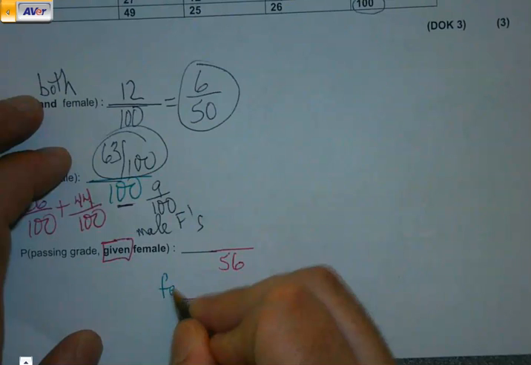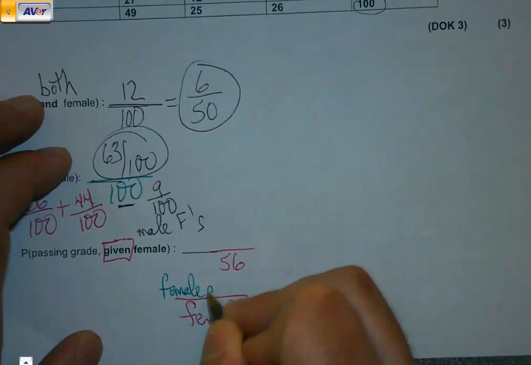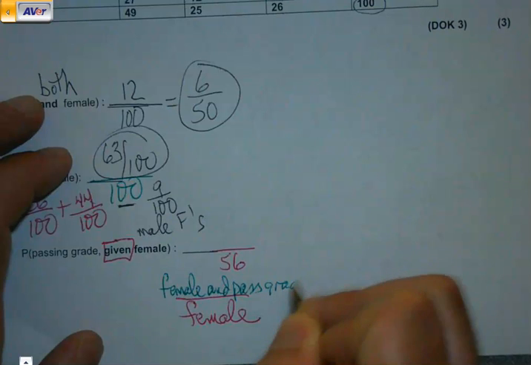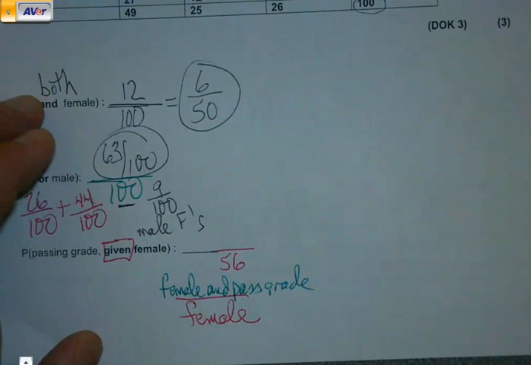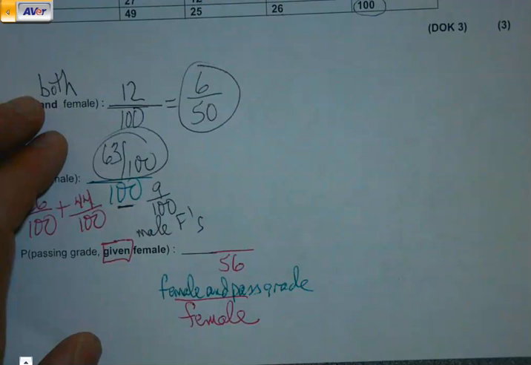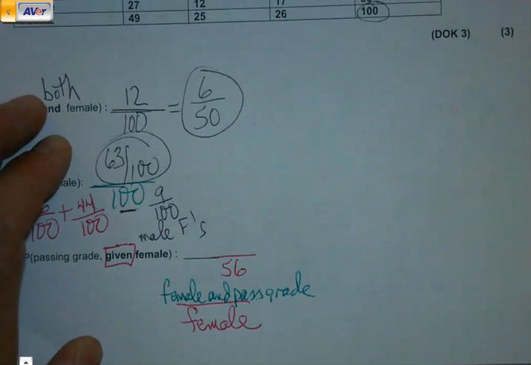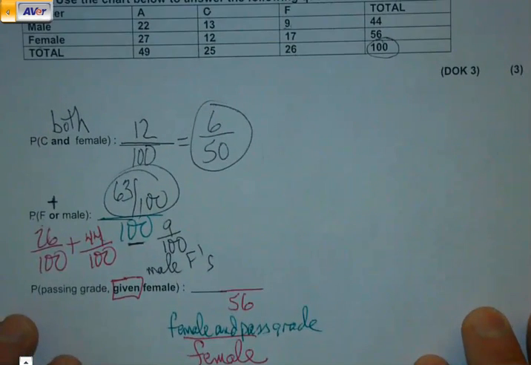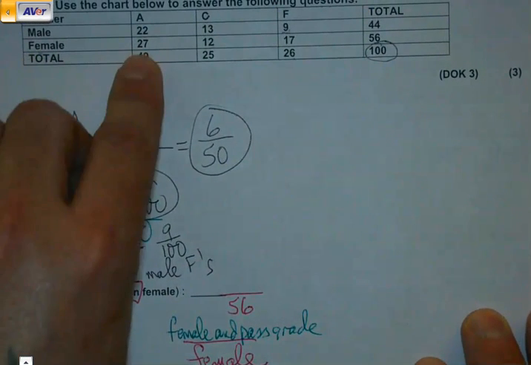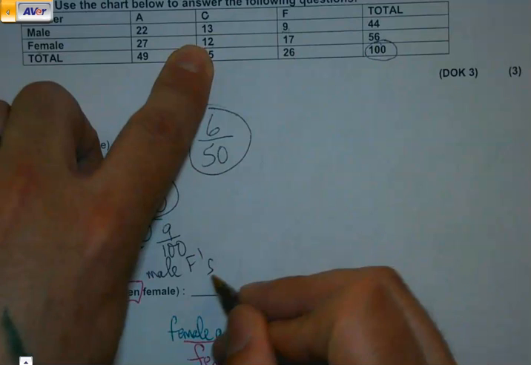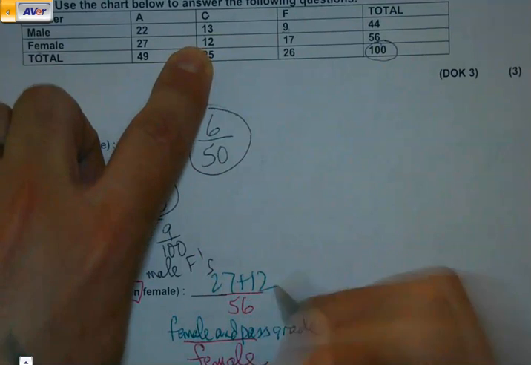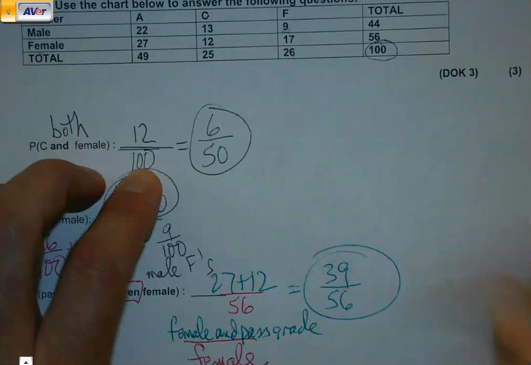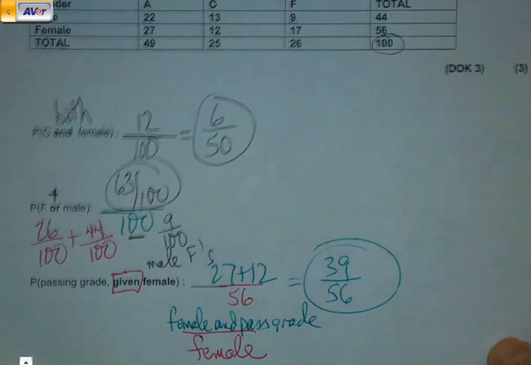And the females with a passing grade, which in our case would be A's or C's. Those are both passing. So I'd come back up and I'd be like, okay, females, A and C. And I'd be at my answer.